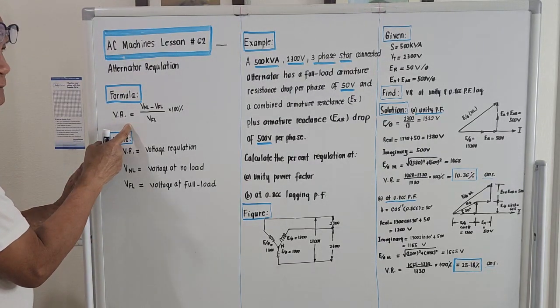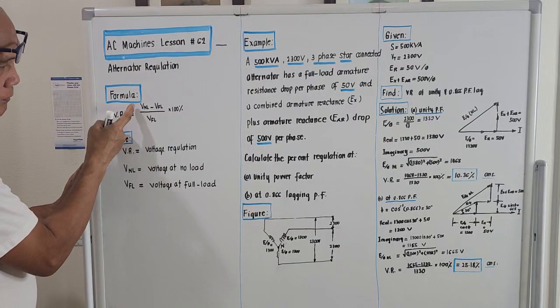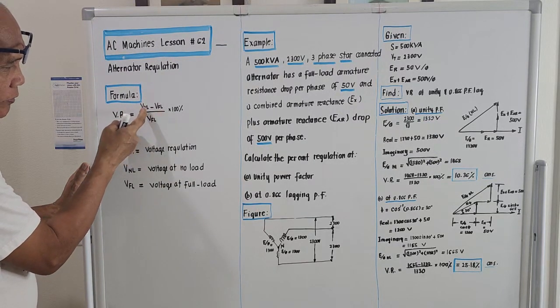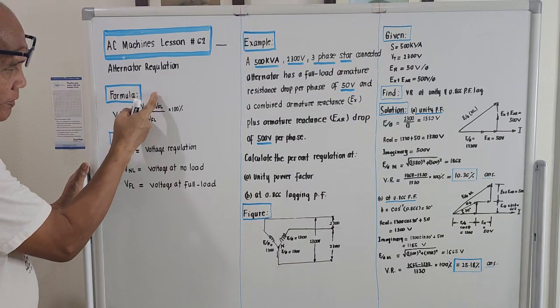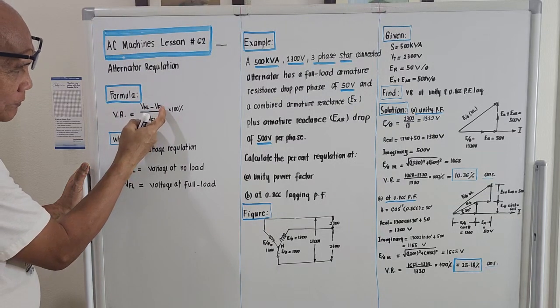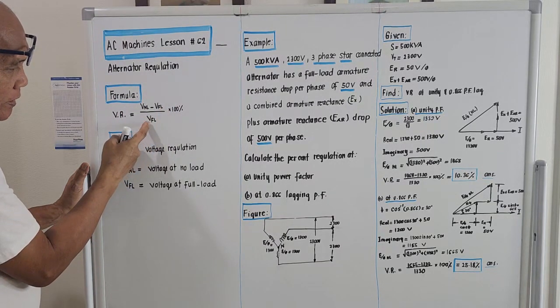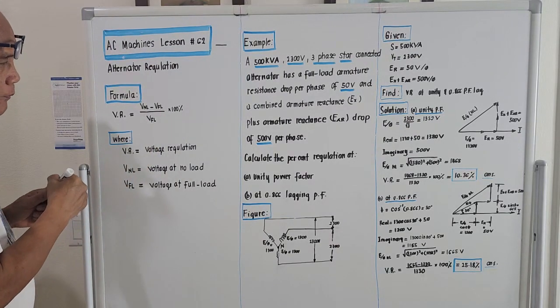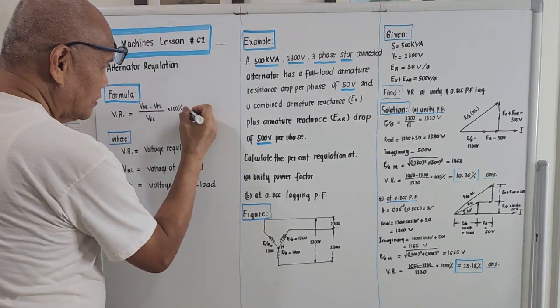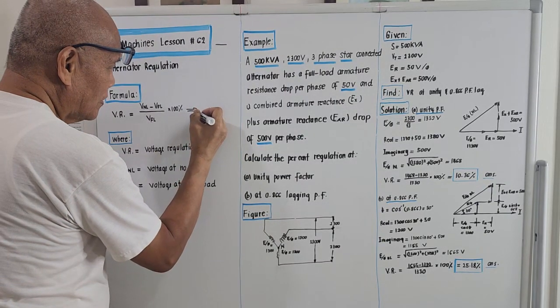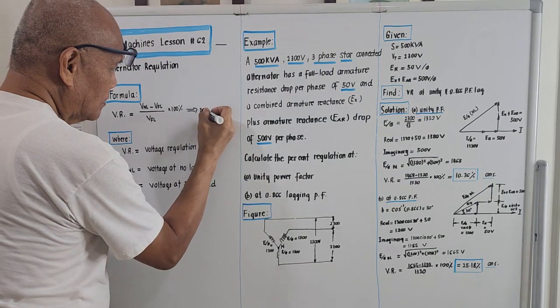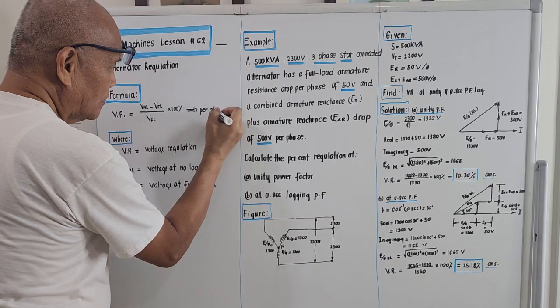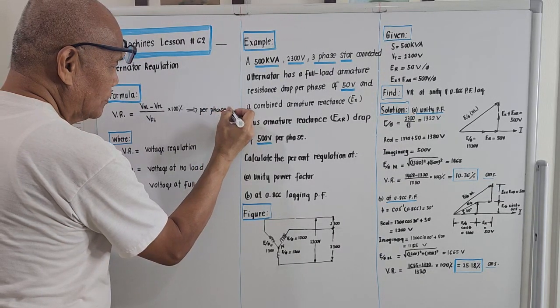VR is equal to V with the subscript NL, meaning no load, minus V with the subscript FL, meaning the voltage at full load, all over the voltage at full load. This is multiplied by 100%. This is on the basis per phase value.